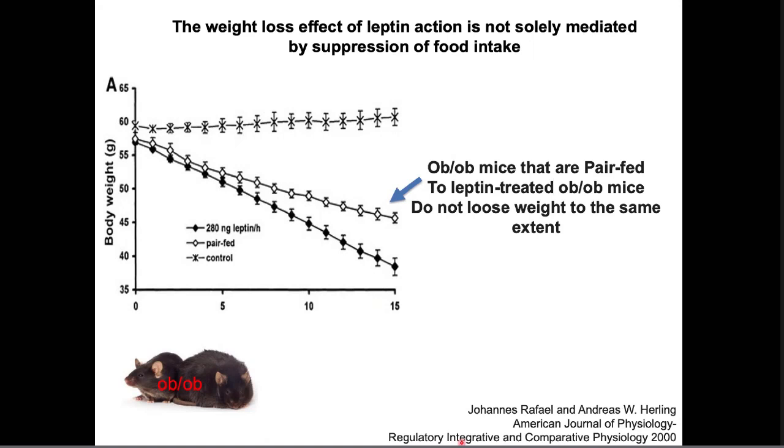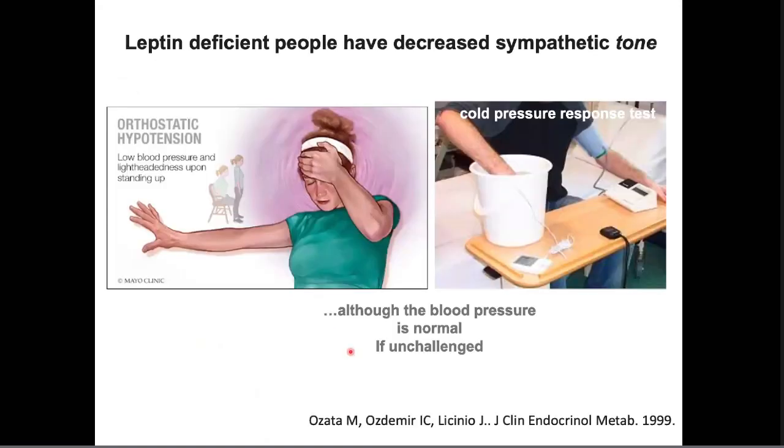One glimpse into the potential answer to this question came from the observation that leptin deficient patients have what is called orthostatic hypotension. This is when a patient lifts up from the chair and feels a transient decrease in blood pressure. And this is thought to be regulated by sympathetic nerves that innervate the vasculature.